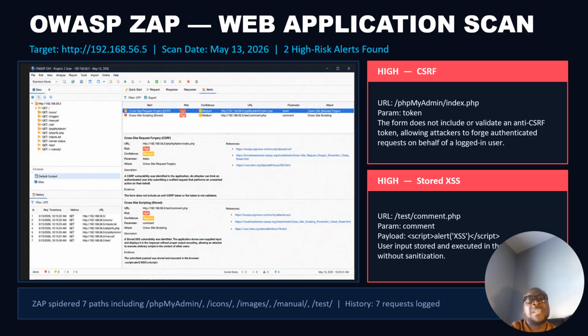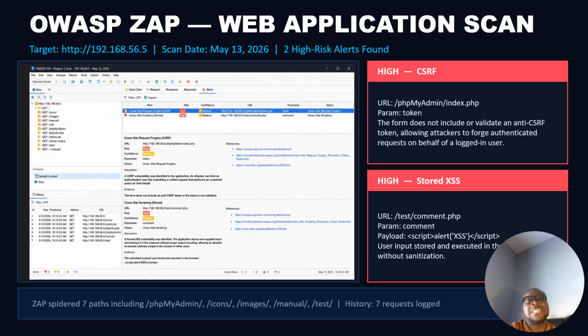The first is a cross-site request forgery vulnerability on the phpMyAdmin login page. The form does not validate an anti-cross-site request forgery token, meaning an attacker could craft a malicious link that, when clicked by an authenticated administrator, performs actions on their behalf.